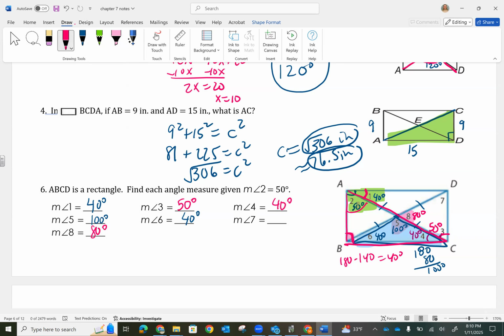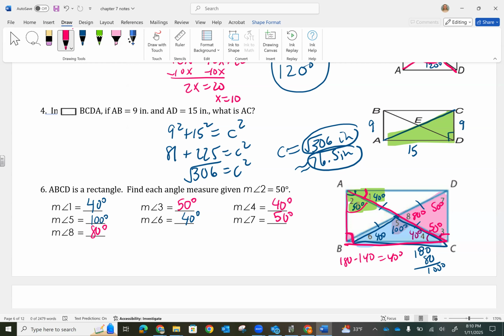And then if you look at over here, this is also an isosceles triangle where if this is 50, this has to be 50. Also, the triangle sum theorem says the sum of them has to be 180 degrees. So angle 7 has to be 50 degrees as well, because it's an isosceles triangle and because of the triangle sum theorem.